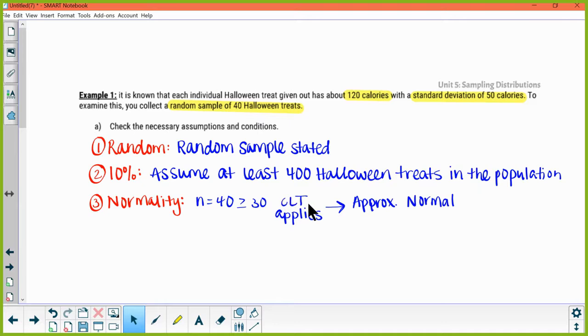It's absolutely necessary that you write this. Otherwise, they'll just say, yeah, 40 is greater than 30. I don't know what that means. They get very picky when it comes to conditions, if you have not learned already. So yes, we'll just say n is large enough that central limit theorem is going to apply. I'm going to give you a little bit of time to write or type.